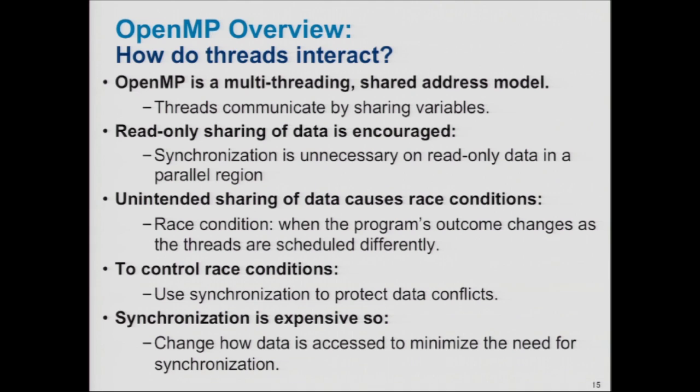On the other hand, if you are writing the data and you aren't careful with how you write it, you can create race conditions. A simple definition is when the program's outcome changes as the threads are scheduled in different orders. The slightly more complicated definition is that you have multiple accesses to a variable by different threads without synchronization, and at least one of those accesses is a write.